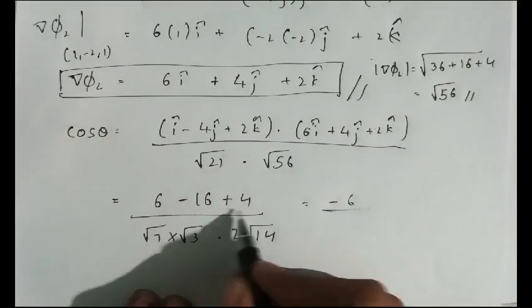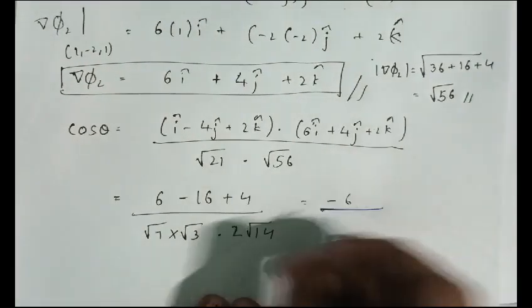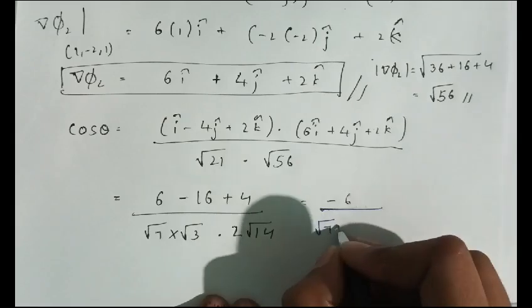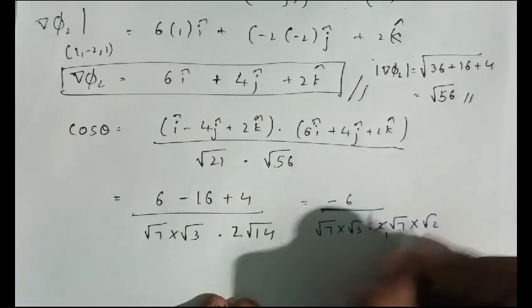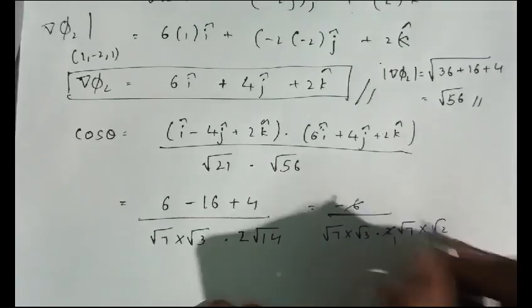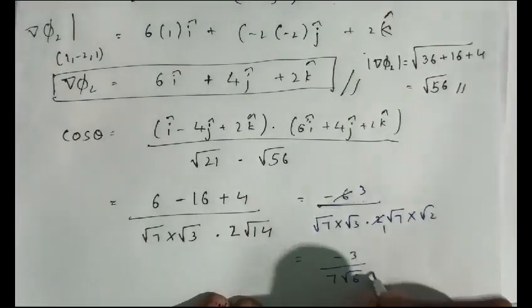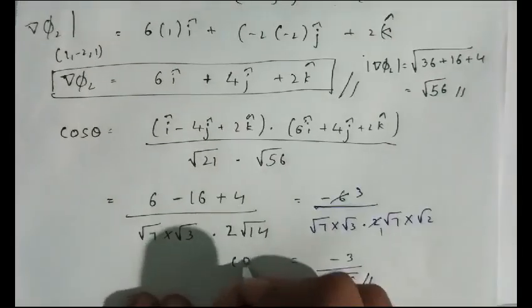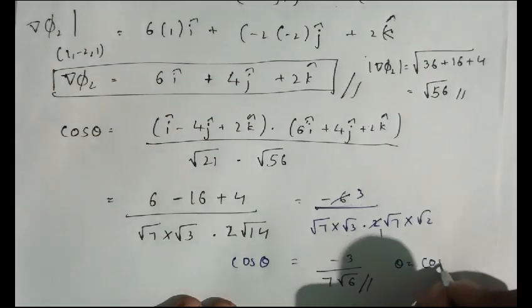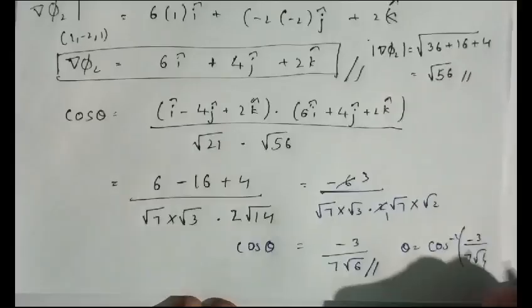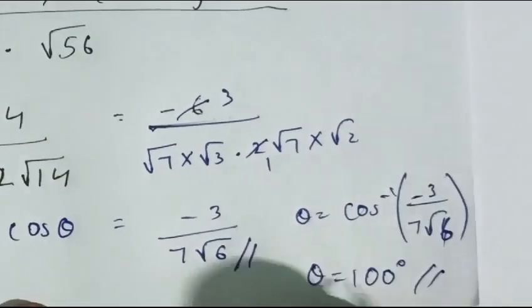When we solve, 6 minus 16 plus 4 is minus 6, divided by root 7 into root 3 into 2 times root 7 into root 2. Ones cancel, 2 ones are 2, 3 ones are 3, which implies minus 3 by 7 root 6 is the answer. So cos theta is equal to minus 3 by 7 root 6, and theta is equal to cos inverse of minus 3 by 7 root 6, which is approximately equal to 100 degrees.